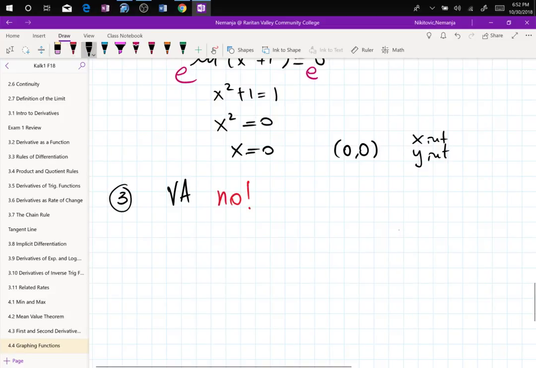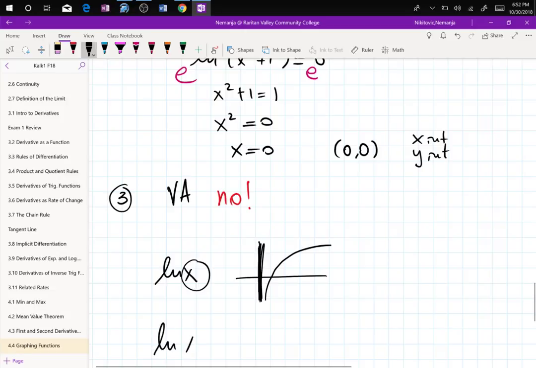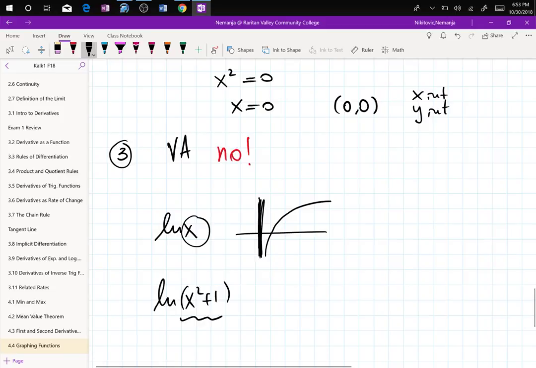Let's just really quickly look at this. If you have the ln x graph, it goes like this, and there is a vertical asymptote, the y-axis, x equals 0. But that's when this is x. Now I have ln of x squared plus 1. There is no way to make this negative. You can't even make it 0, using real number input.